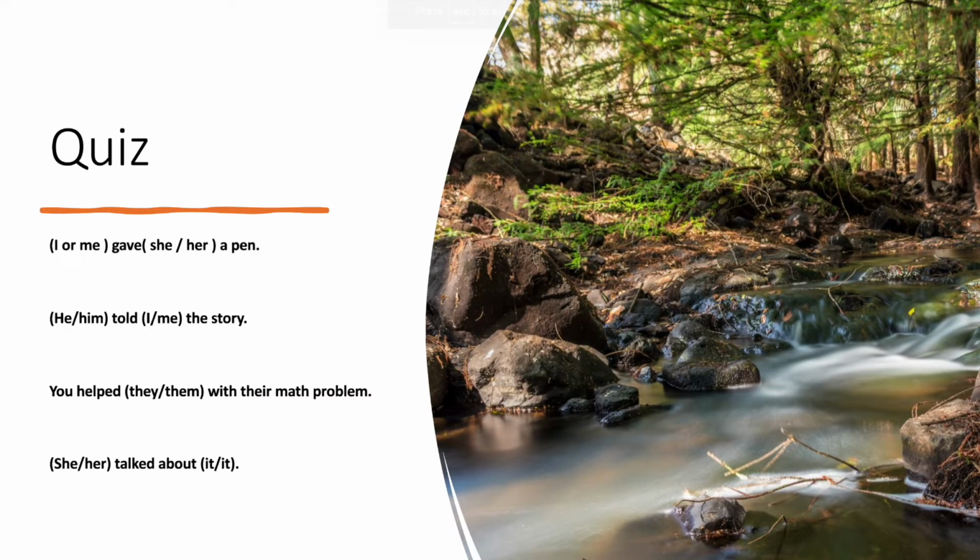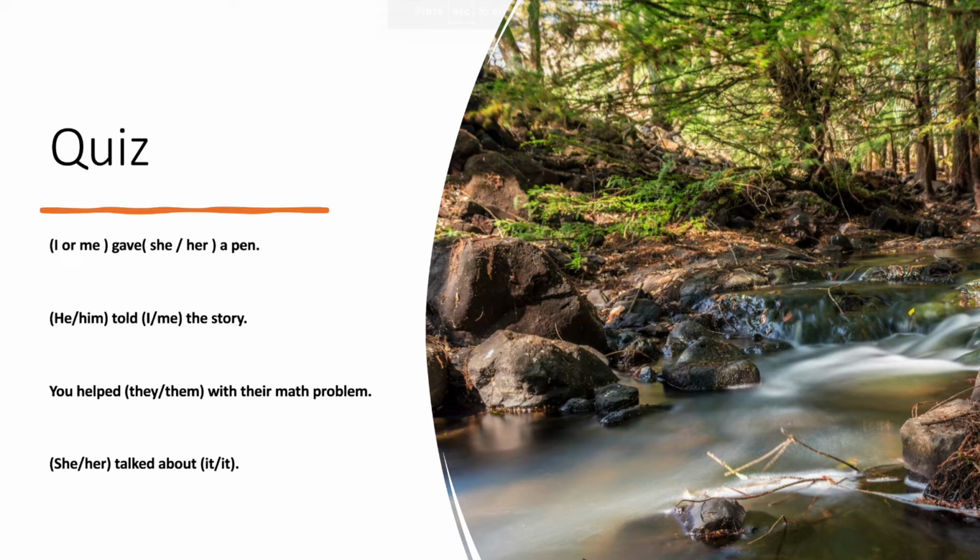So here are some sample sentences you can use for subject pronouns and object pronouns. And you can choose between the two options. So let's use the correct pronouns to finish these sentences. I or me gave she or her a present.